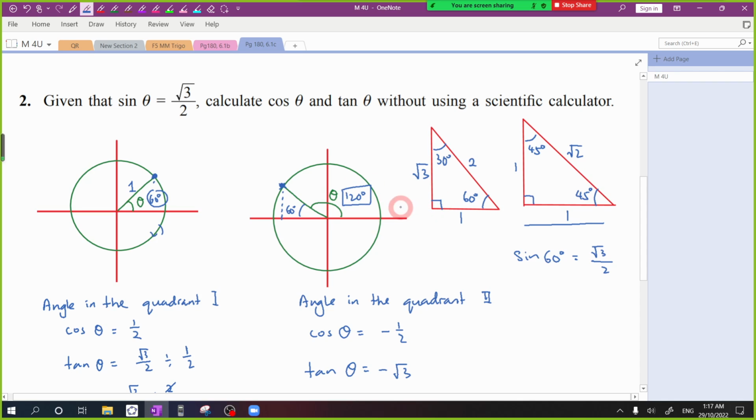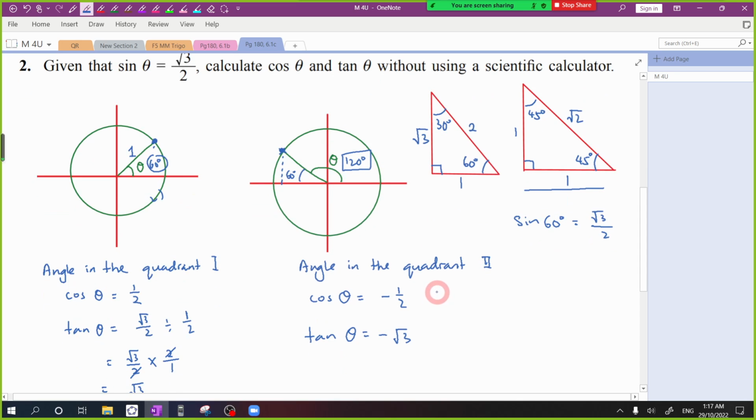Now we can use the method like what we did just now to help us get the answer. I will show for quadrant 2, so this one you can try yourself. Cosine theta is equal to cosine 120 degree.